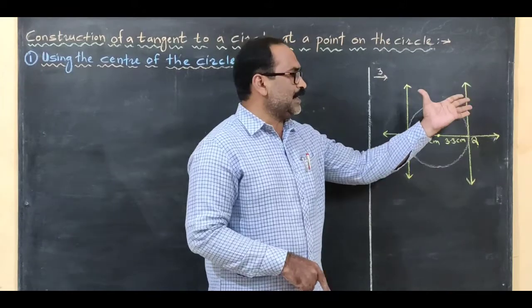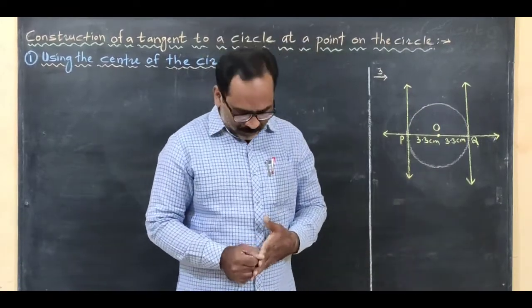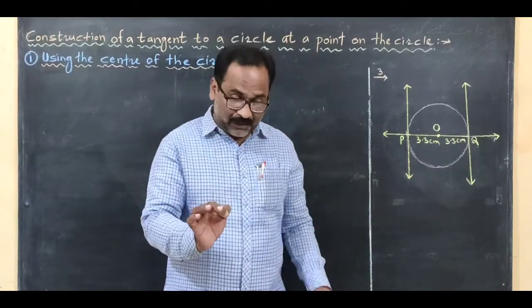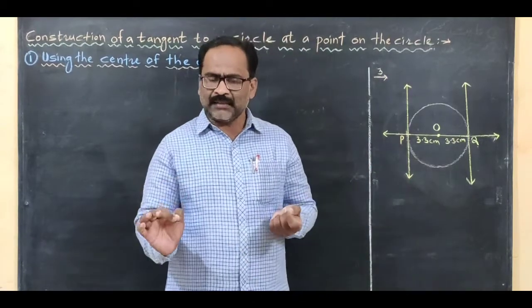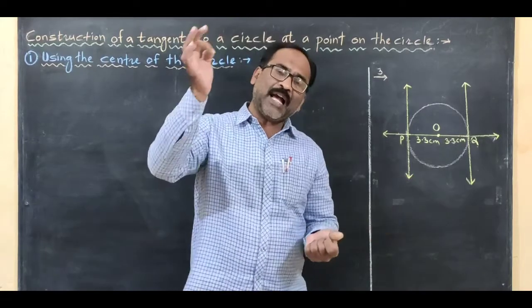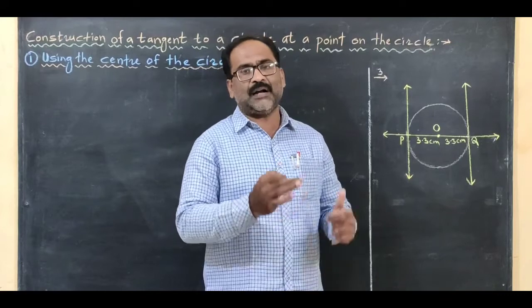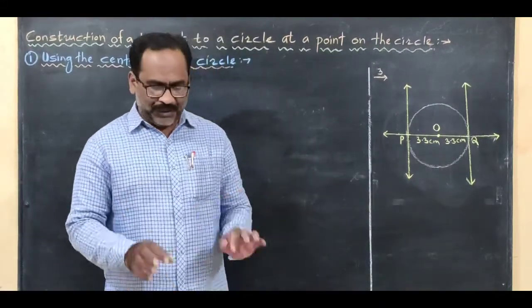It is a tangent at Q. Clear? Then he asks you, write your observation about the tangent. The tangents through point P and Q, that is the end point of diameter, are parallel to each other. It is our observation. Now we draw our main figure.